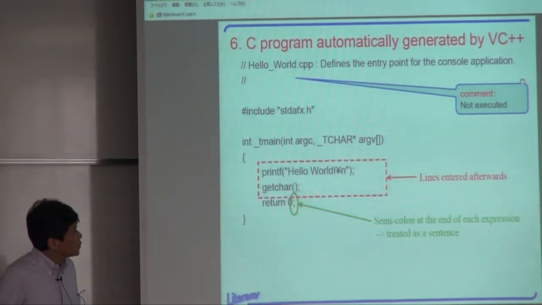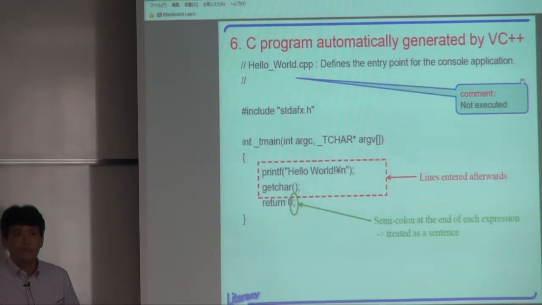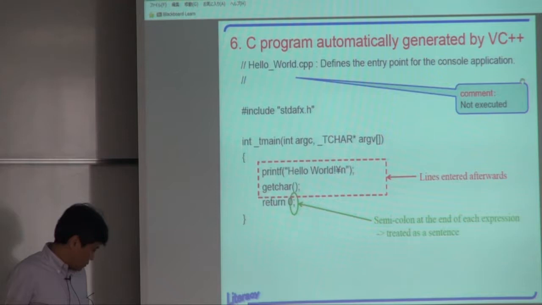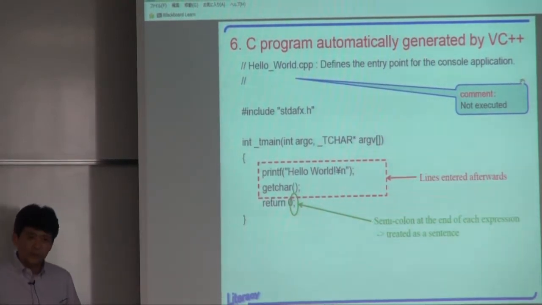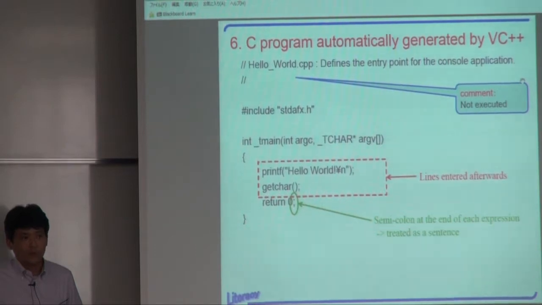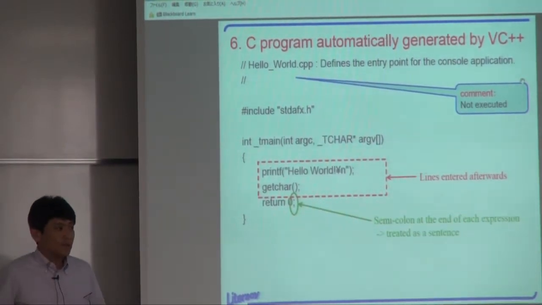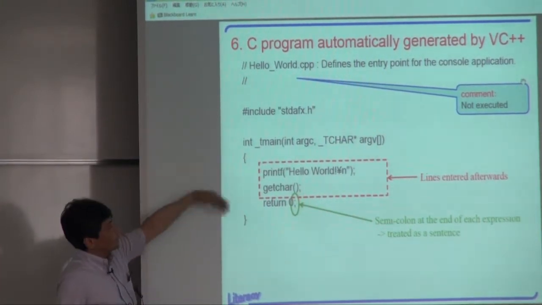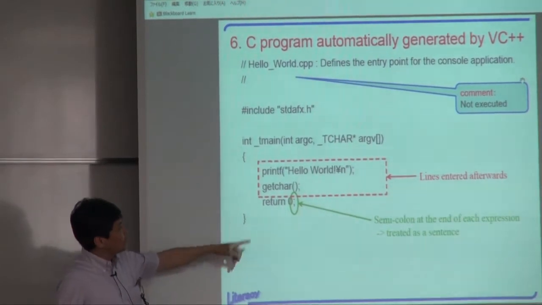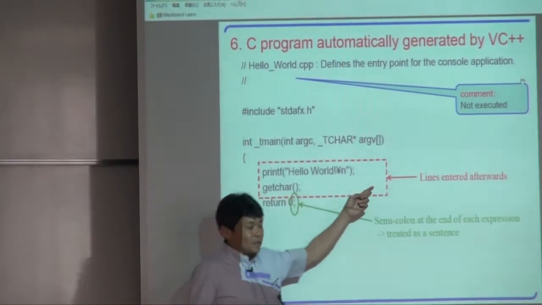Here I'd like to briefly introduce the sentence structure of the C programming language. First, you make a project file for making your programs. The system automatically provides this code. In fact, these two lines were entered by me afterward.